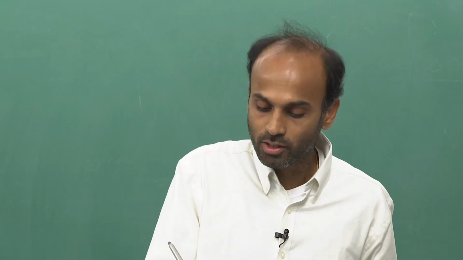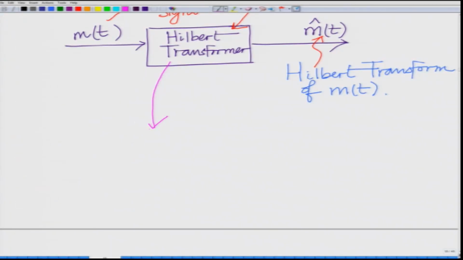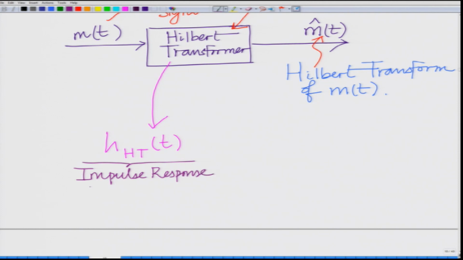Let us term this response as h_HT(t). This is the impulse response of the Hilbert transformer. I am going to abbreviate Hilbert transform as HT.